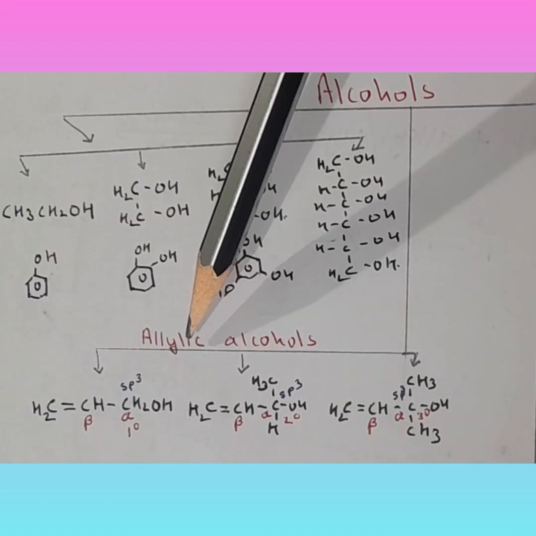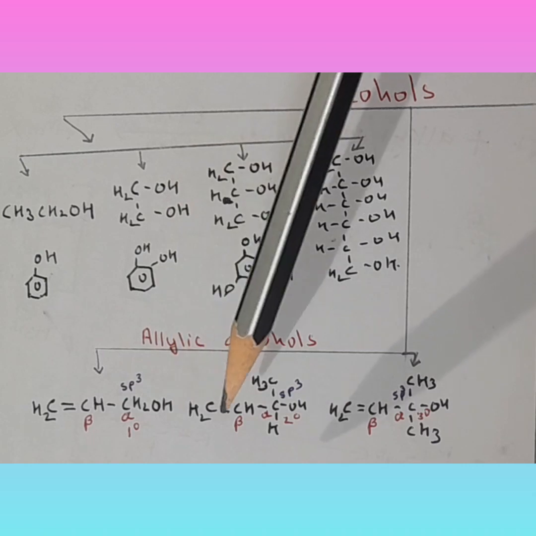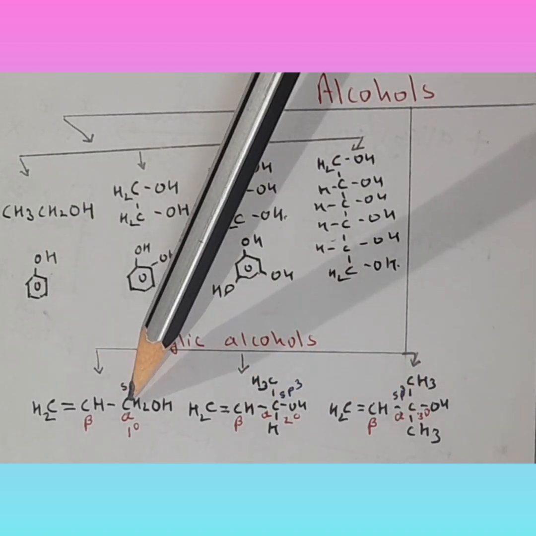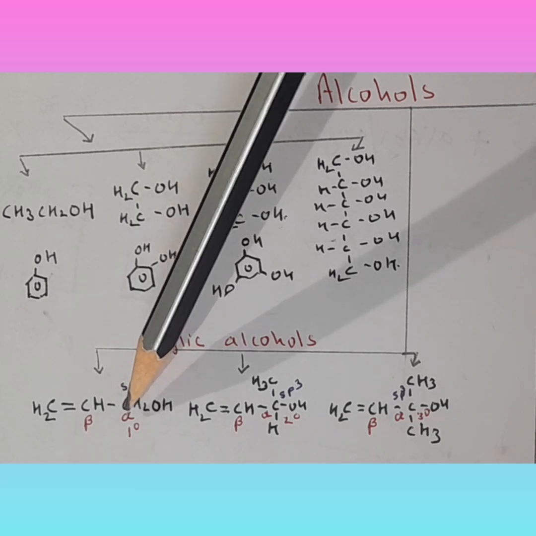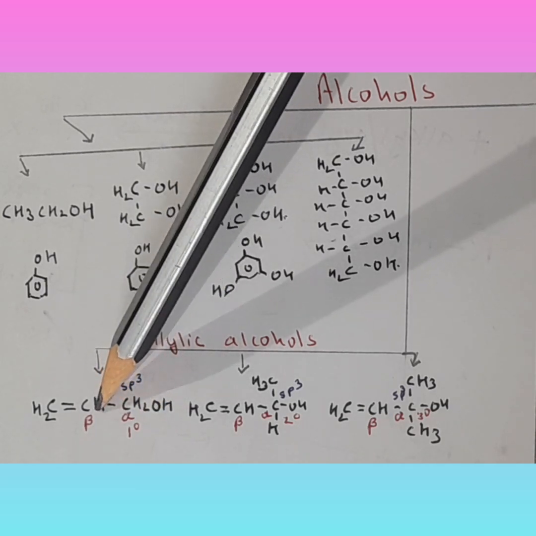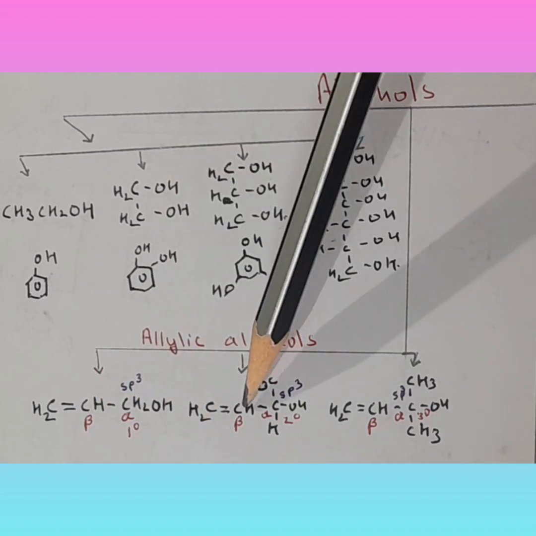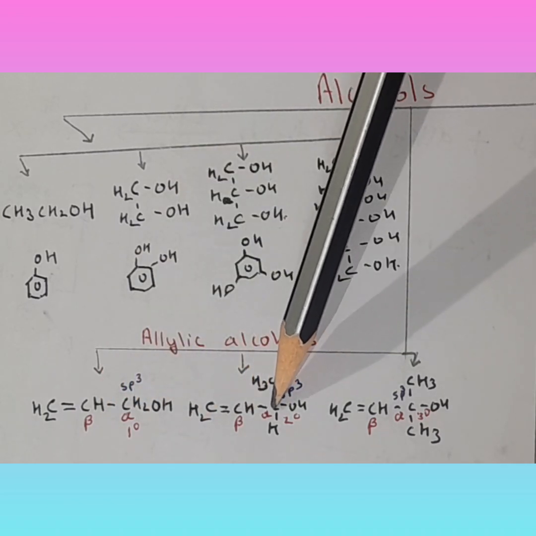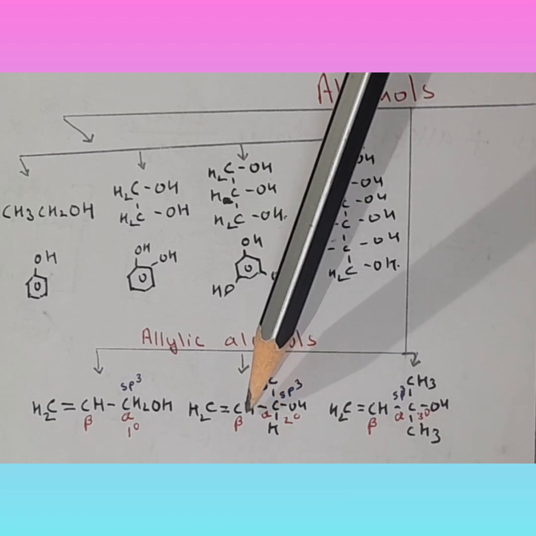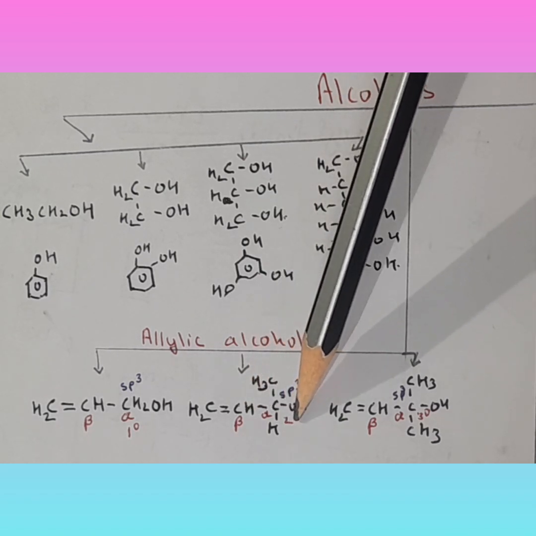Now in case of allylic alcohol, again we have primary, secondary and tertiary. Obviously primary, why? Because to this carbon one carbon is attached. When we come to this carbon, there are 2 carbons attached, so it is secondary.